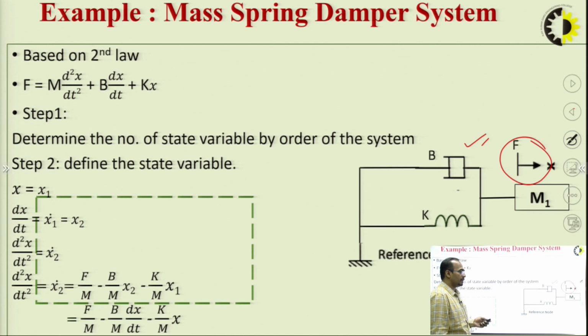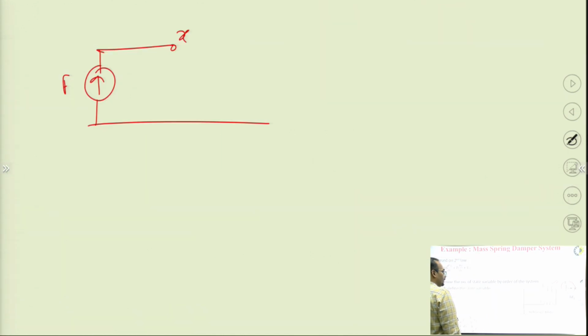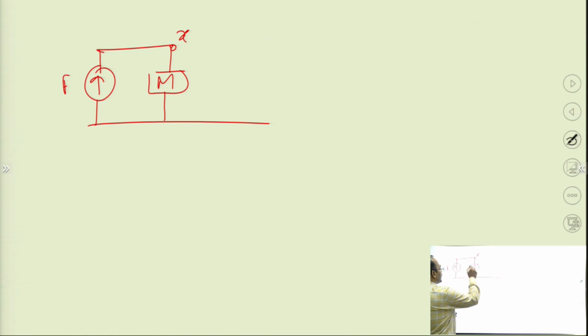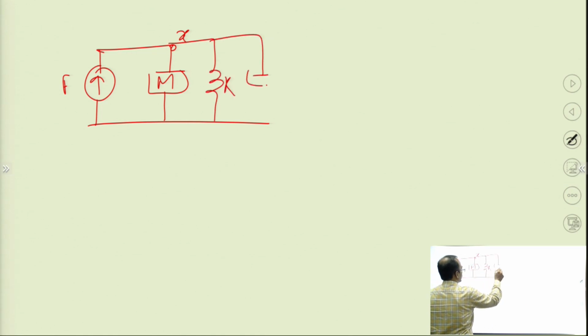Add the mass element between the principal node and the reference node. So M will be connected between the principal node and the reference node, and the rest of the components will be connected as in this figure. So B will be connected between the principal node and ground, K will be connected between the principal node and ground. So what will you get? This is K and this is B.